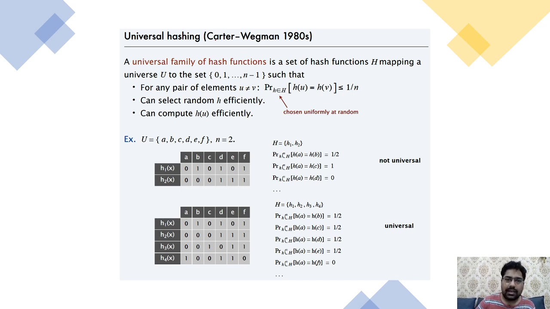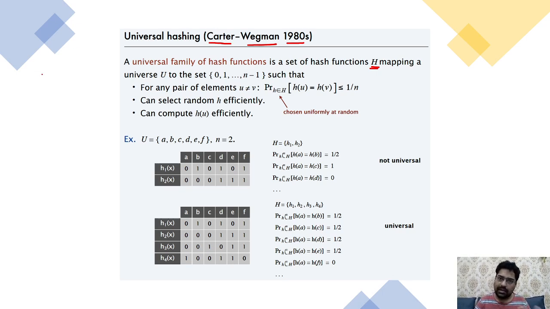So universal hashing was named by Carter and Wegman in the 80s. A universal family of hash functions, which in general we represent as H, is a set of functions h mapping a universe U to a set 0 to n minus 1.